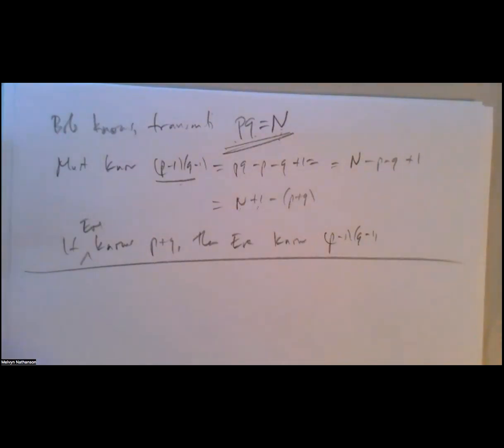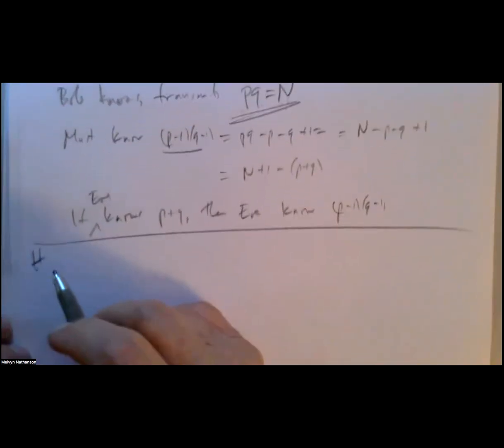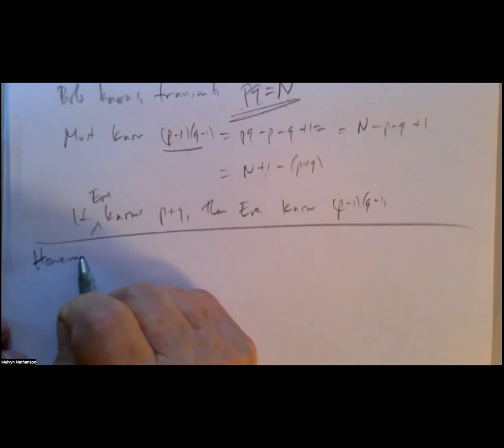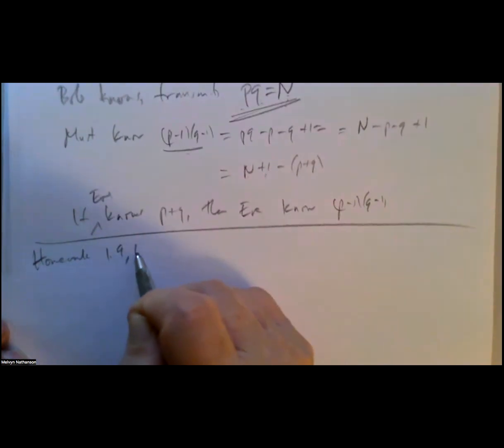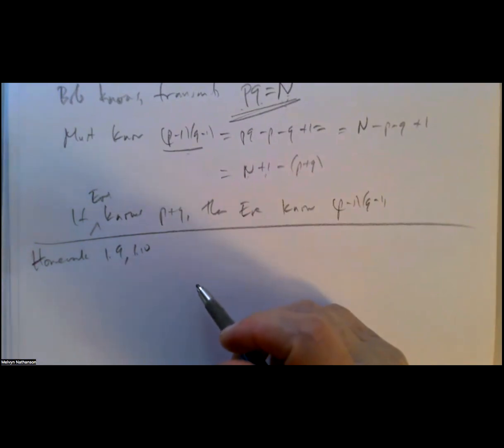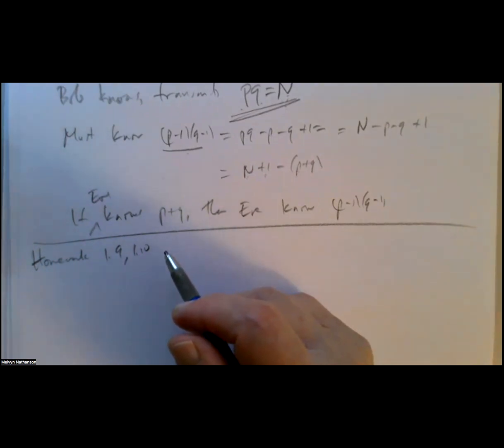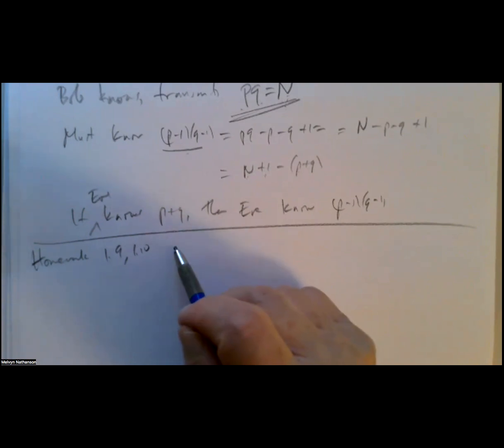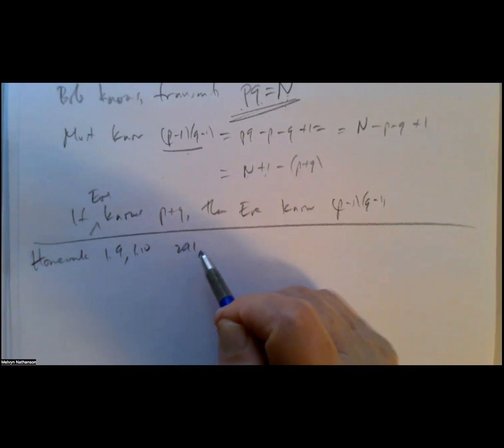So in the homework, 1.9 and 1.10, those exercises have to do with the Euclidean algorithm. So let's start with 291 and 252.